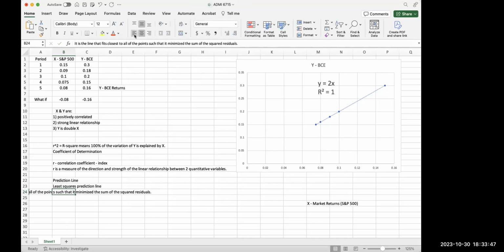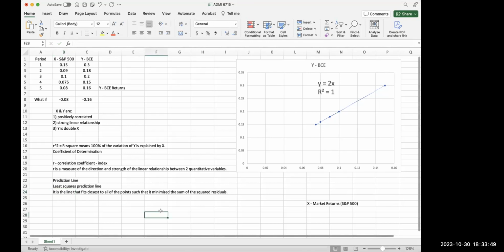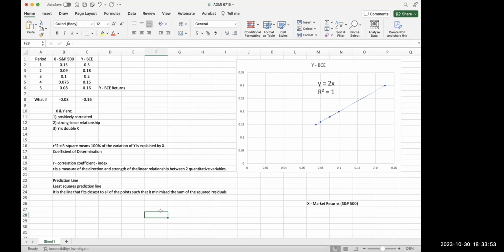Okay, so what is the least squares prediction line? It is a line that fits closest to all the points such that it minimizes the sum of squared residuals. That is the best definition I have for you of the least squares prediction line.